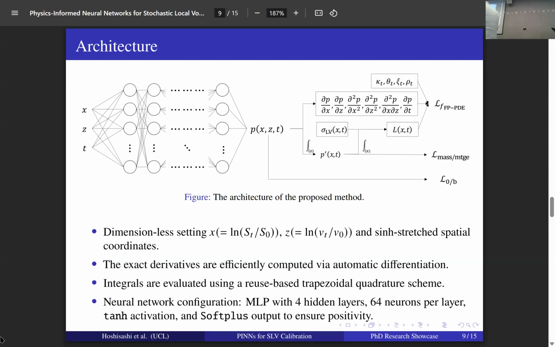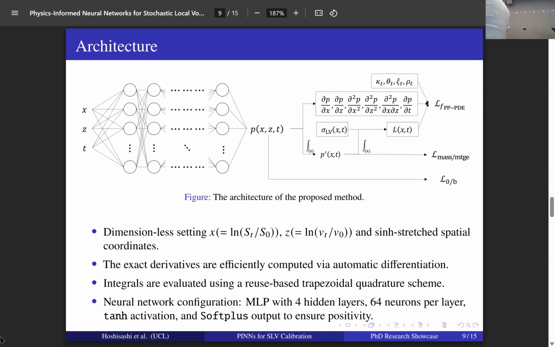We employ the multi-layer perceptron to produce the probability function here, and to get the Fokker-Planck PDE of SLV, we need the derivatives.